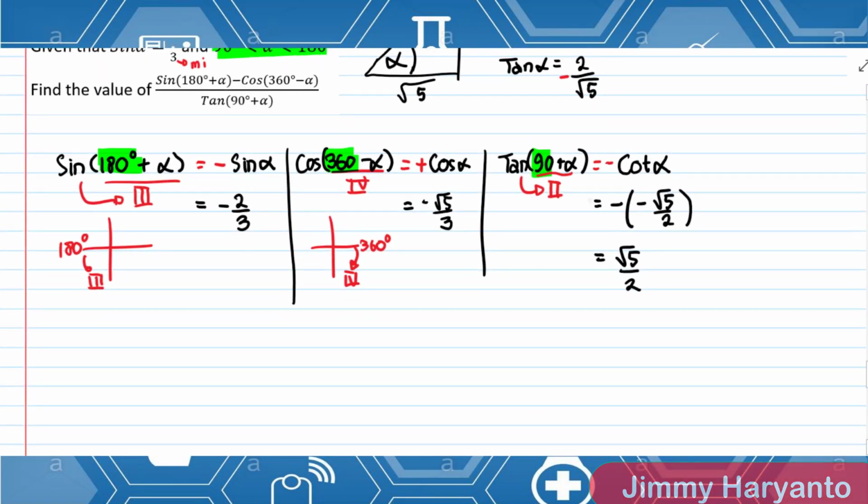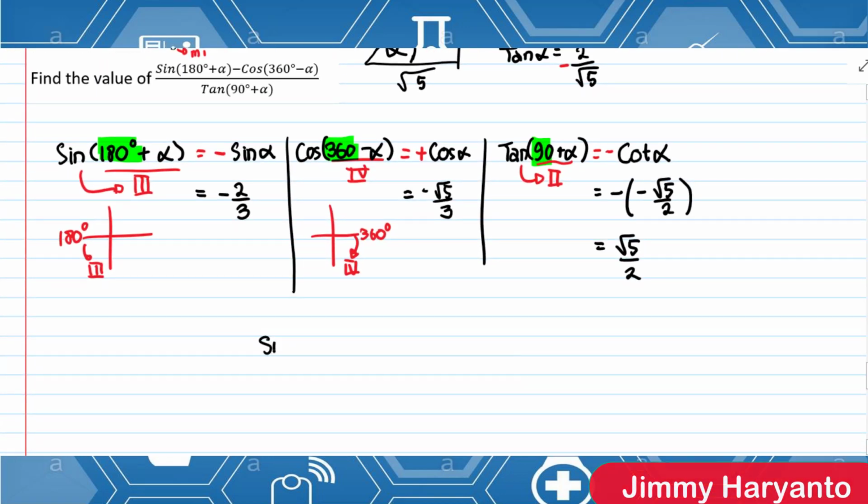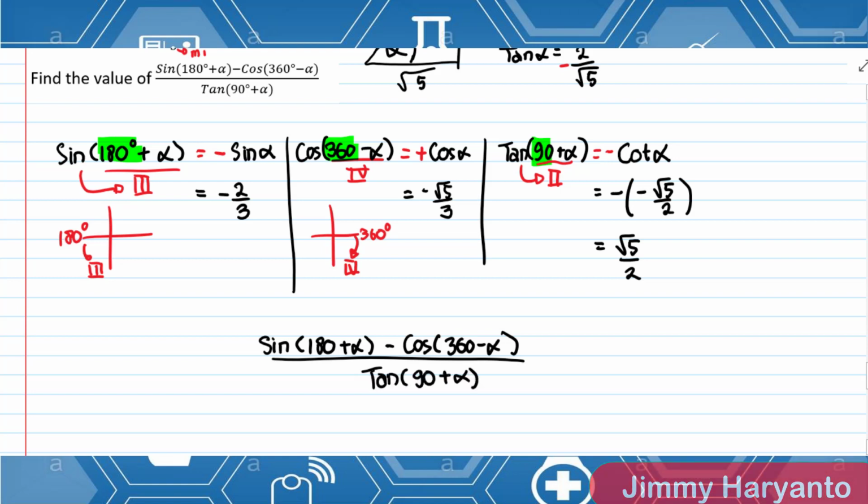Then put it into the equation, sine 180 plus alpha minus cos 360 minus alpha over tan 90 degrees plus alpha. The result will be negative 2 over 3 minus square root of 5 over 3, and then over negative square root of 5 over 2.